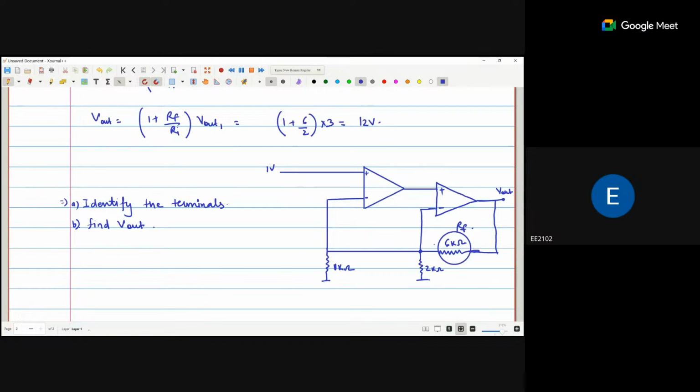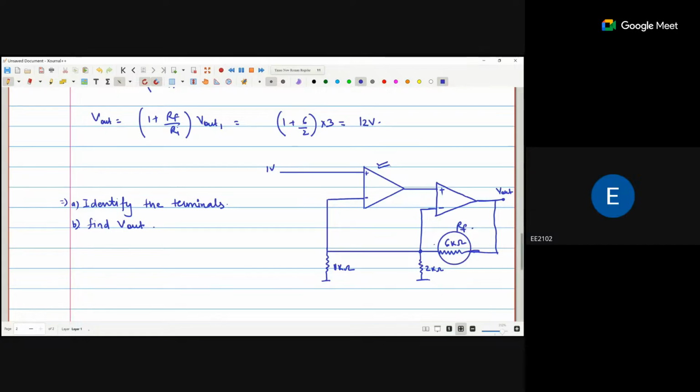The point to understand here is what is the value of R1. Yes, what is the R1 for this operation amplifier?